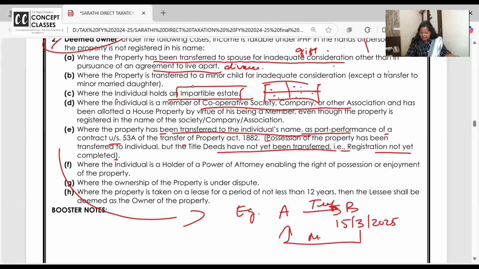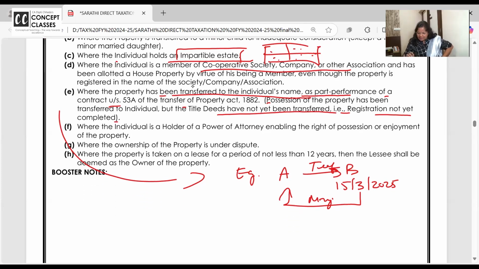B paid money also. B ने बोला, अरे you have given me the whole property. Take your money. I'll give the whole money to A. पूरा RTGS कर दिया, सब हो गया. But the registration of the property in B's name happened on 15th May 2025.